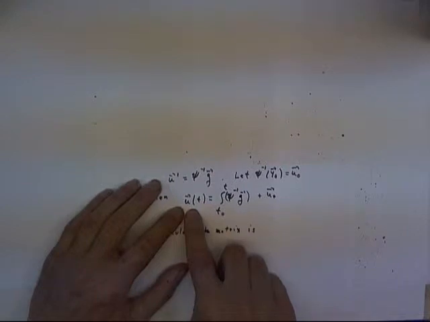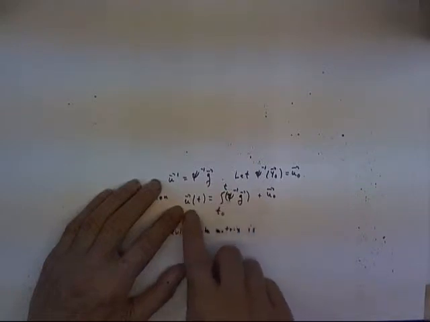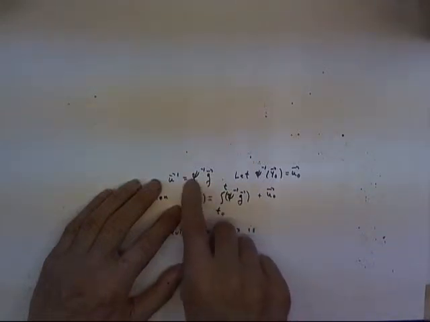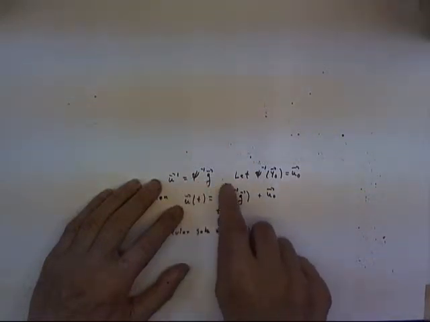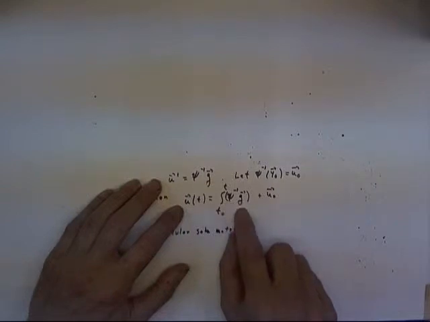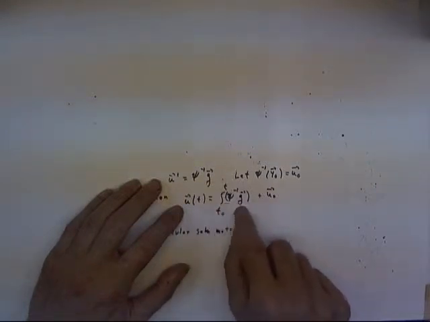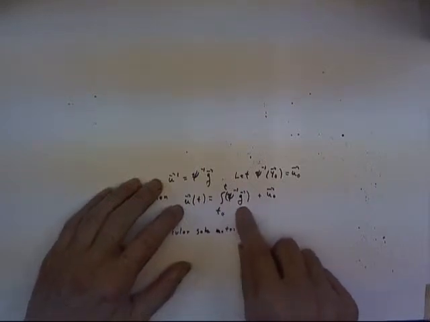our integration can be done where we get u of t by integrating psi inverse g from t naught to t, and we'll use a dummy variable here. I think the textbook probably uses s: psi inverse of s, g of s, ds. In any case, we integrate this matrix in a fairly obvious way.